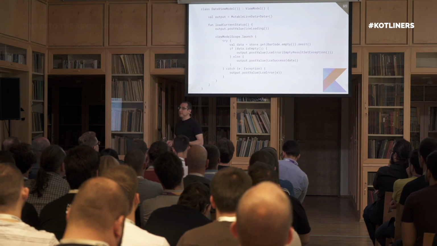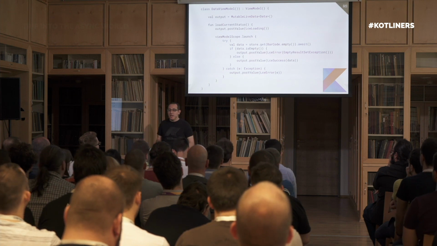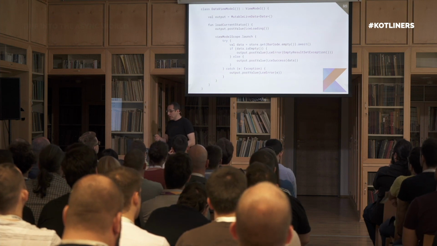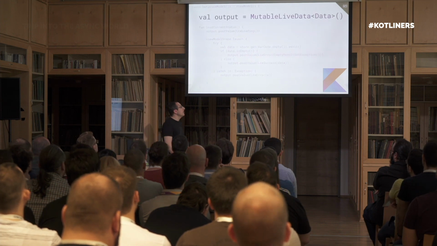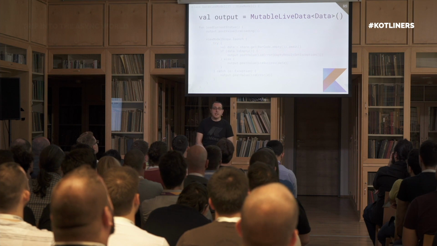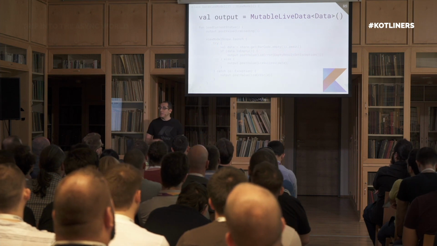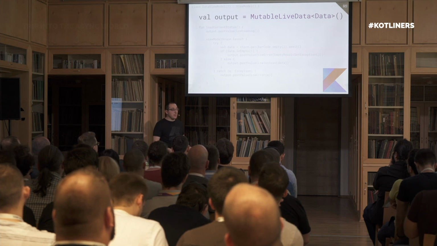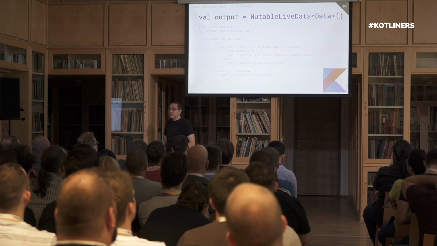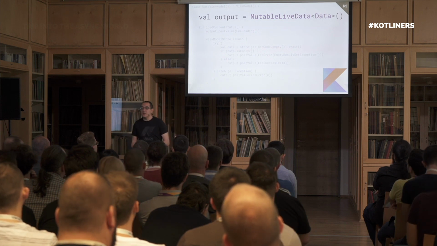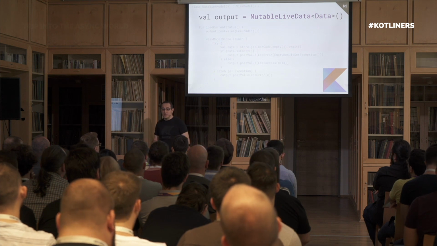So what are the differences between what we saw with RxJava and what we see with coroutines? Well, the first thing here is the mutable LiveData. Here you don't need any knowledge, because if you want to mimic the behavior of the behavior subject, you can simply put an if at the beginning of the load current status and say, if the data contained here is not null, then you can re-emit right away, or you can force the loading again.